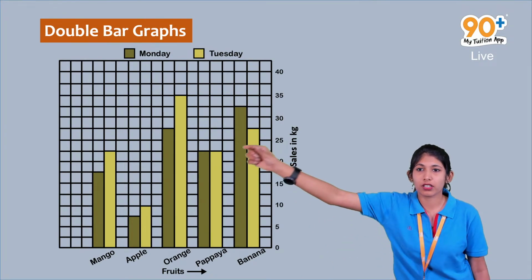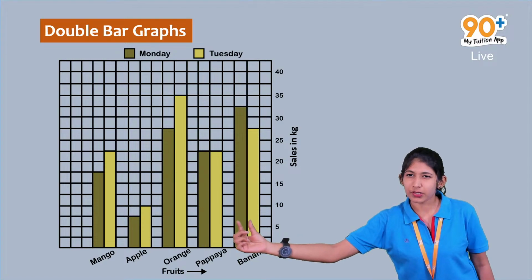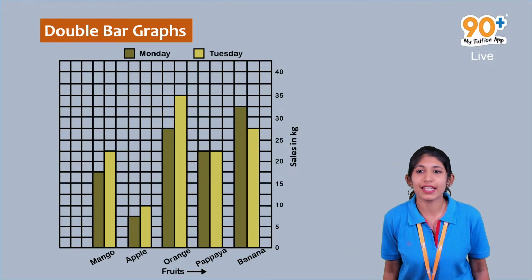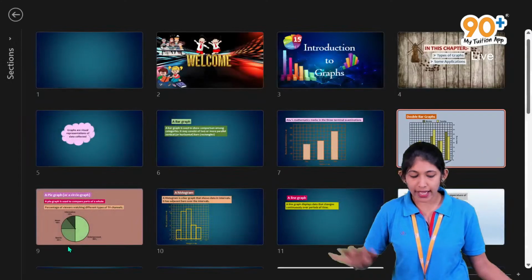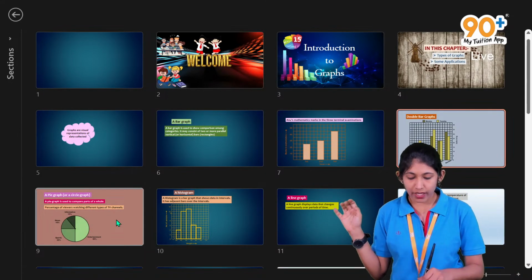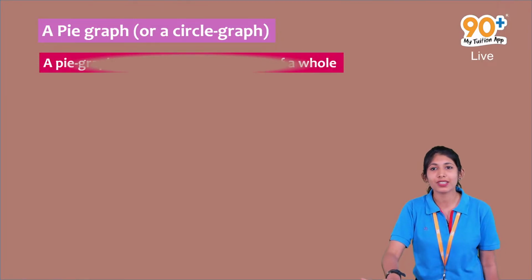These 2 are bars. This one is a bar, this is also a bar, the dark green colored and the yellow colored one. Since we have seen all these things, we are going a bit faster. We have drawn all these things.